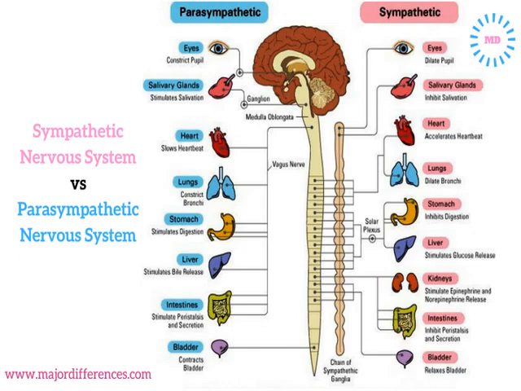On the bladder, the parasympathetic is responsible for urination, while the sympathetic nervous system will produce decrease in the urination.